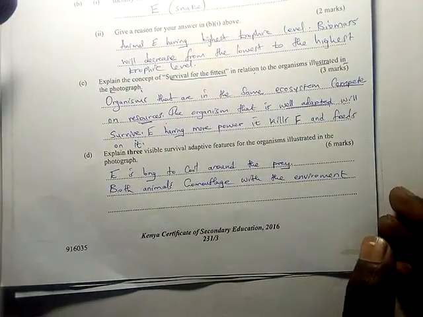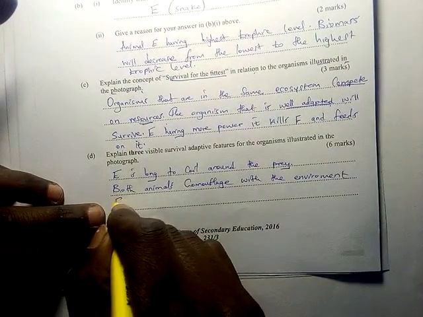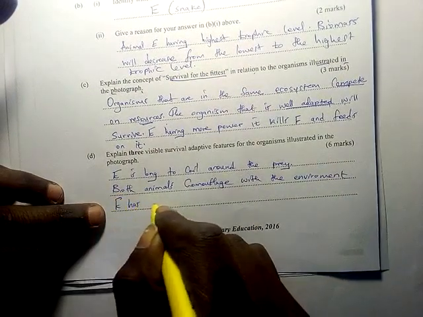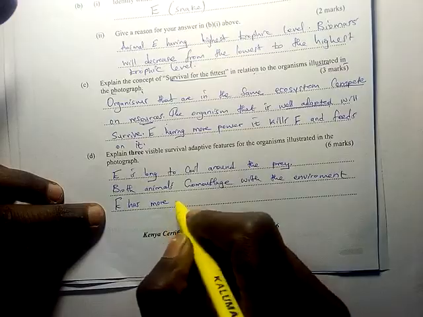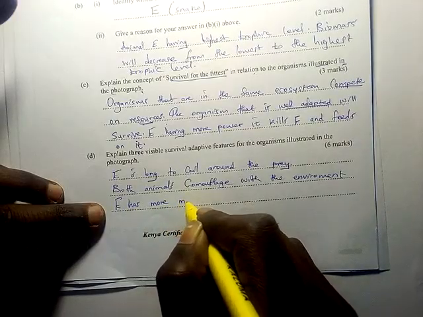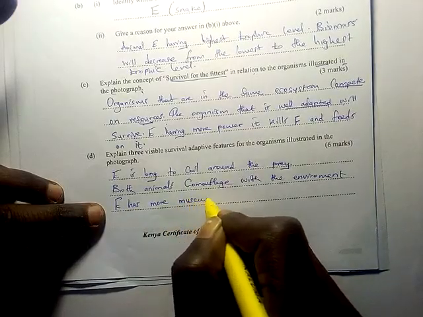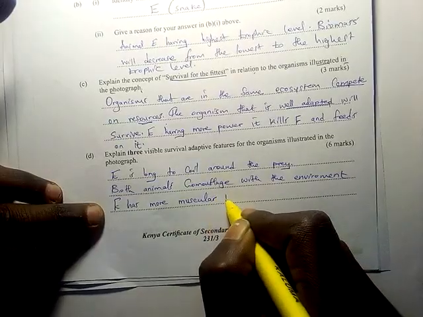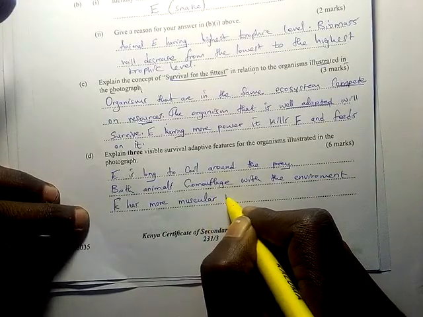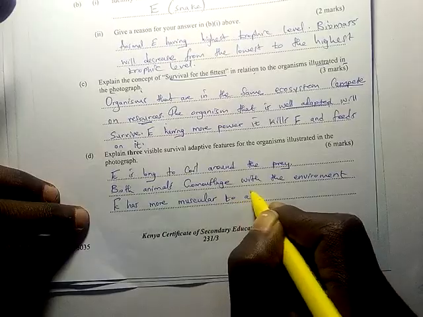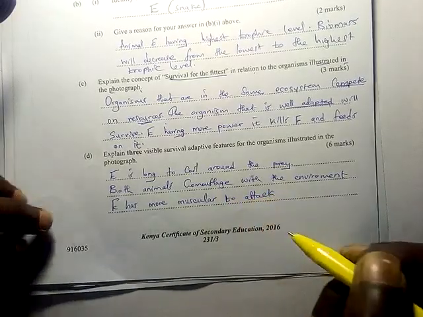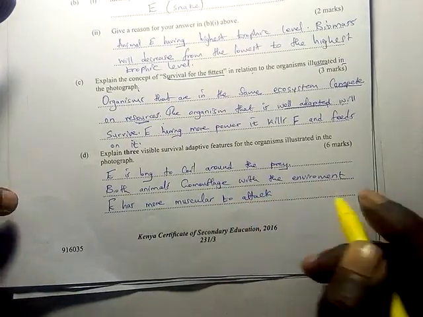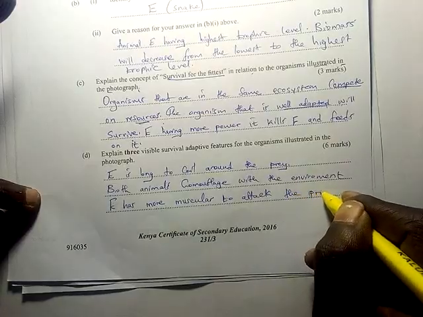And then next, the snake, which is E, is more muscular to attack. It is strong, has more muscle to attack the prey.